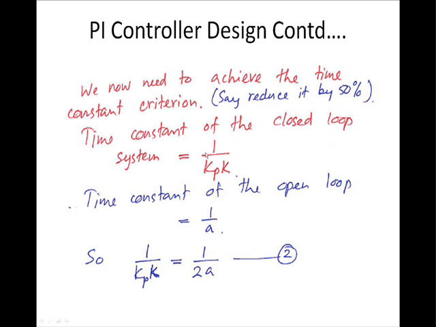Now we know that the time constant of the closed loop system is 1 over kp k, and the time constant of the open loop system is 1 over a. So if we reduce 1 over a by 50%, I can equate 1 over kp k to 1 over 2a, which is my second relationship.